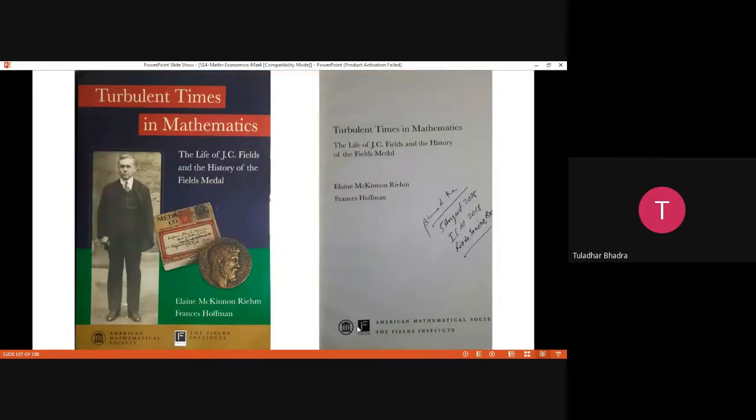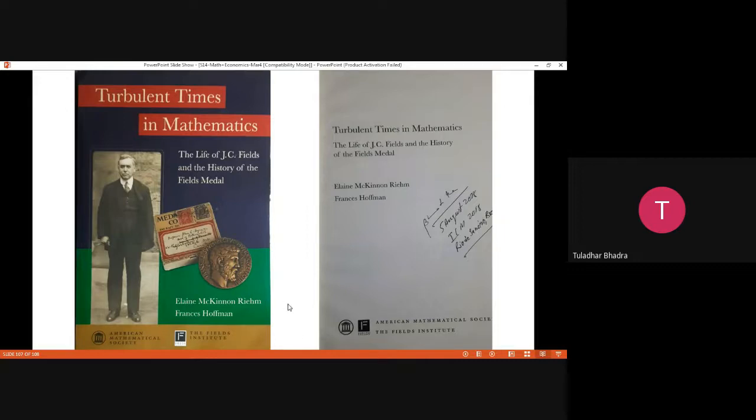So, this is for next time. Next time I'll be talking about the Fields Medal. Because I had this book, Turbulent Times in Mathematics, related with Fields. The book I bought was on 5th August 2018 during the International Congress of Mathematicians in 2018 in Rio de Janeiro, Brazil.